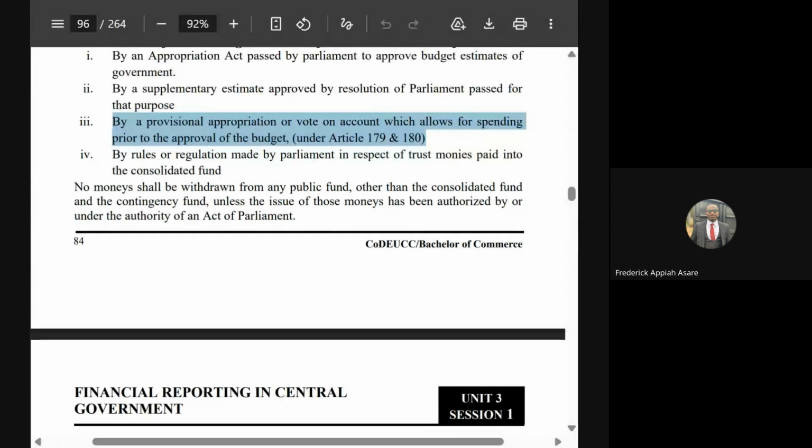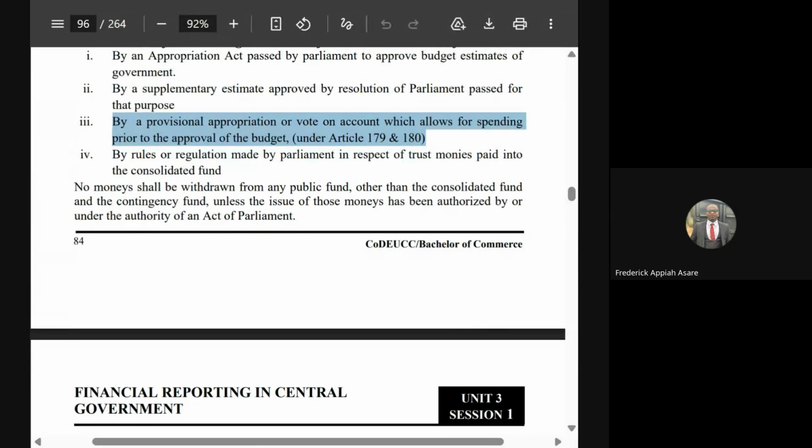Sometimes you can only withdraw money from the consolidated fund as a result of an appropriation bill and act. But this appropriation bill and act will only be approved when the budget has been sent to parliament and they have approved the budget.